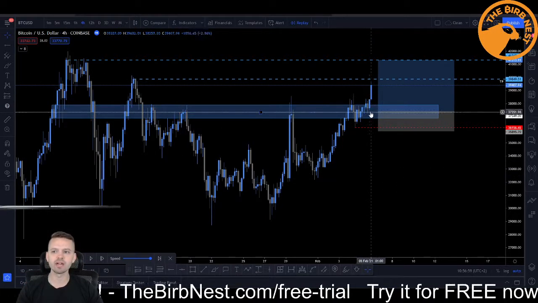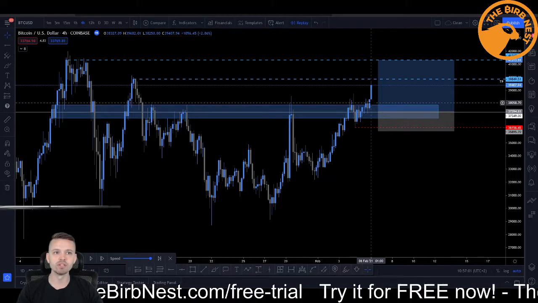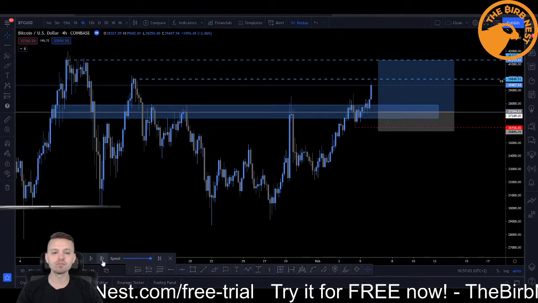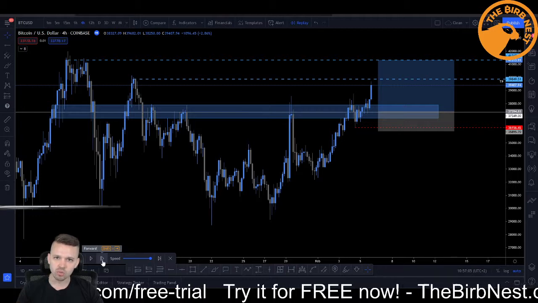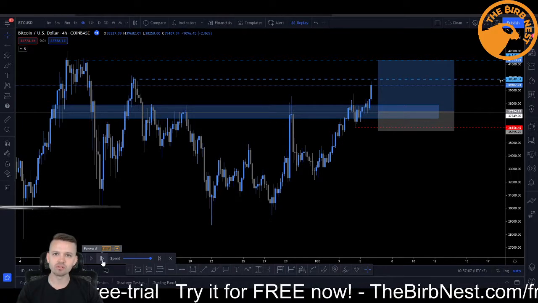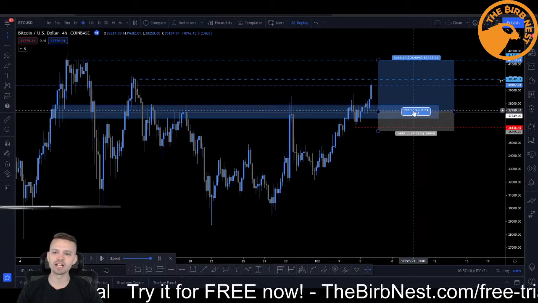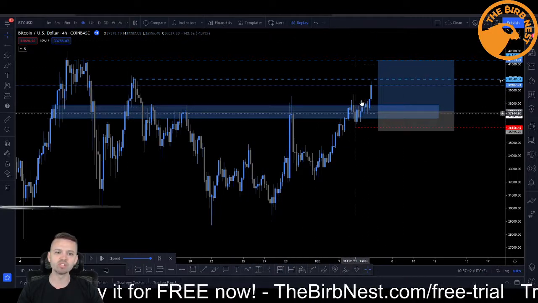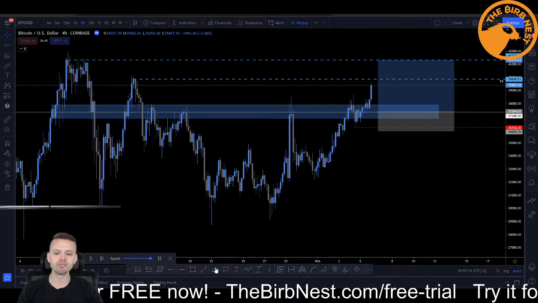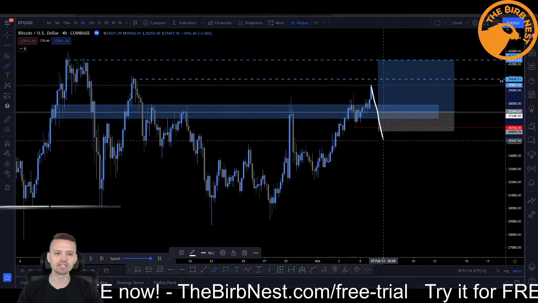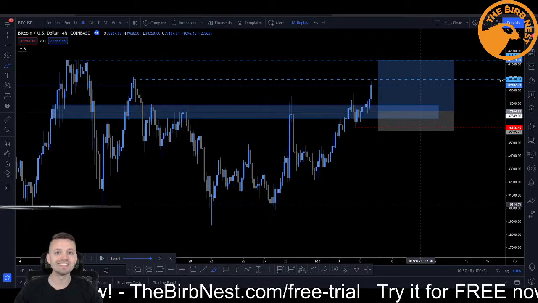So we now have a 4-hour open and close above the level after the breakout. Now let's see if we can get a rounded retest. Why do you want a rounded retest? Well, you need to make sure that it's not a high time frame fake out. If you go to the daily, if the 4-hour candle just goes like this, that might be a pretty obvious daily fake out.